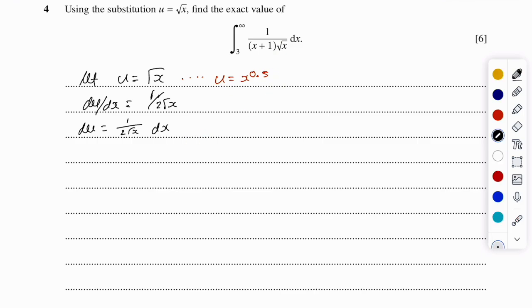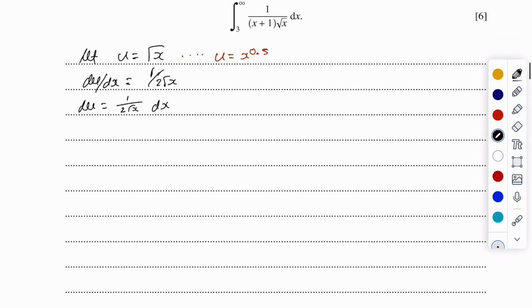So let's take a look at this. If we're plugging things in for x equals 3 and u equals root 3, well, u is equal to root 3 when x equals 3, right?